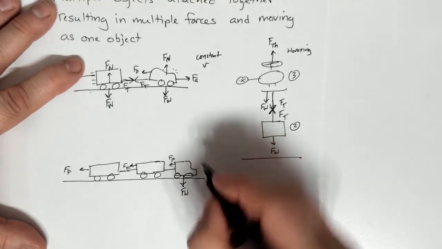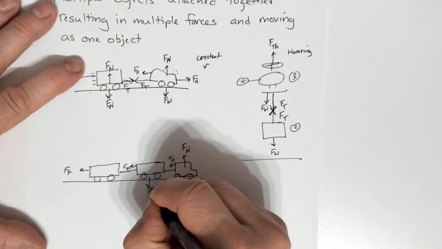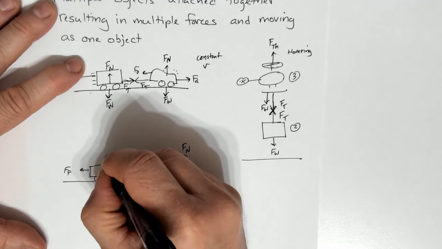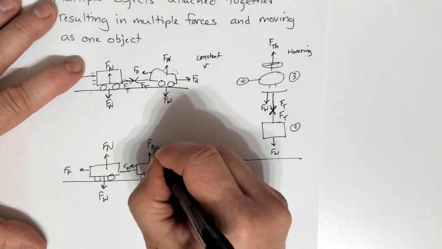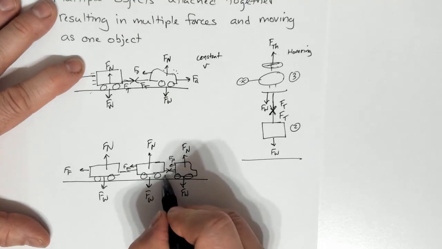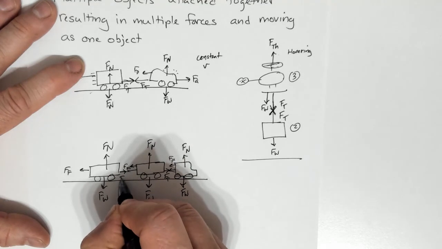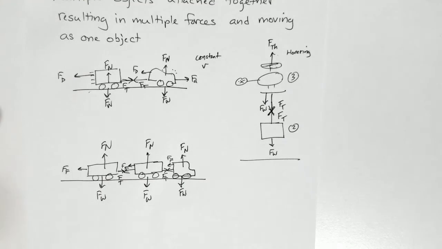And since they're all on the ground, they each have a normal force. But then they each also have a force of tension both ways. This one has a force of tension and a force of tension back again the other way.